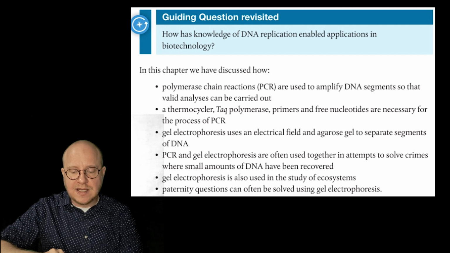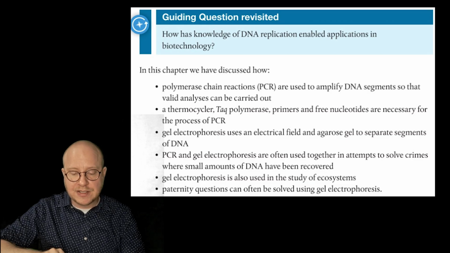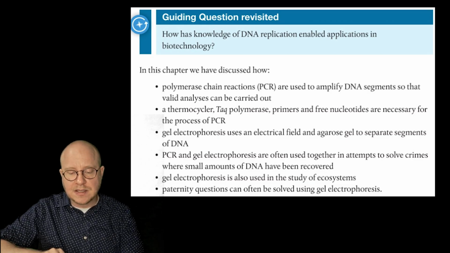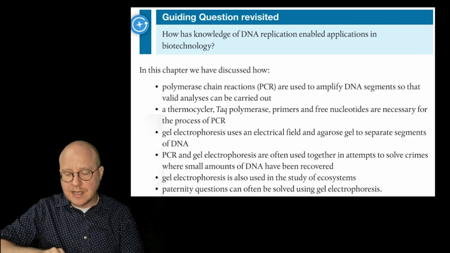How has knowledge of DNA replication enabled applications in biotechnology? In this chapter, we have discussed how polymerase chain reactions, PCR, are used to amplify DNA segments so that valid analyses can be carried out. A thermocycler, Taq polymerase, primers, and free nucleotides are necessary for the process of PCR.